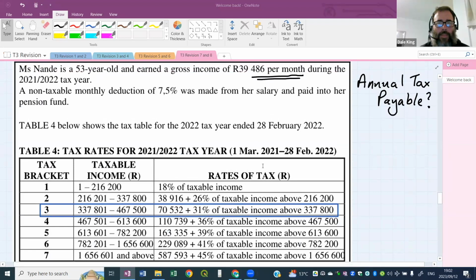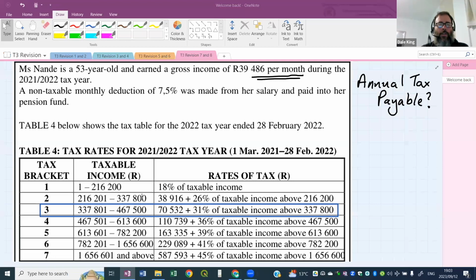So in the question, in the test that we did, it said, how do we calculate? So you see in the third bracket, it's 70,532. Yeah, in the question paper, it asked how was that calculated, or how did they get that?